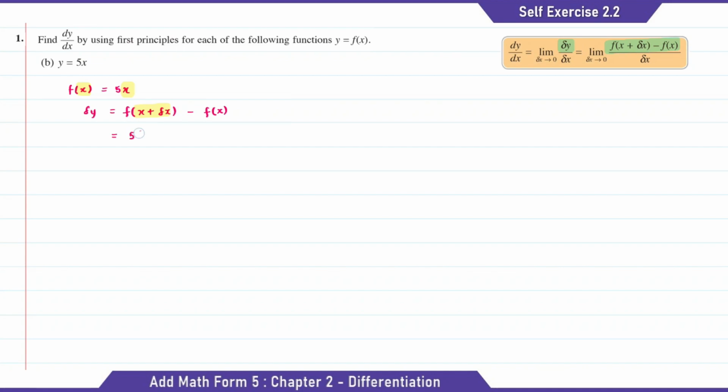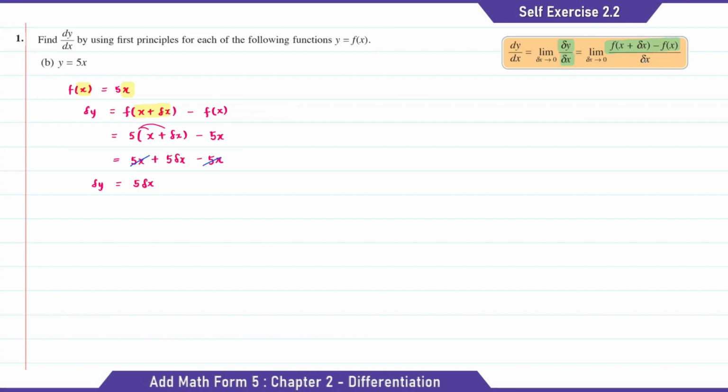It will be 5 bracket x plus delta x, then minus f of x, which is 5x. Next, expand this, we're going to get 5x plus 5 delta x minus 5x. So 5x minus 5x will be cancelled. Then delta y is equal to 5 delta x.